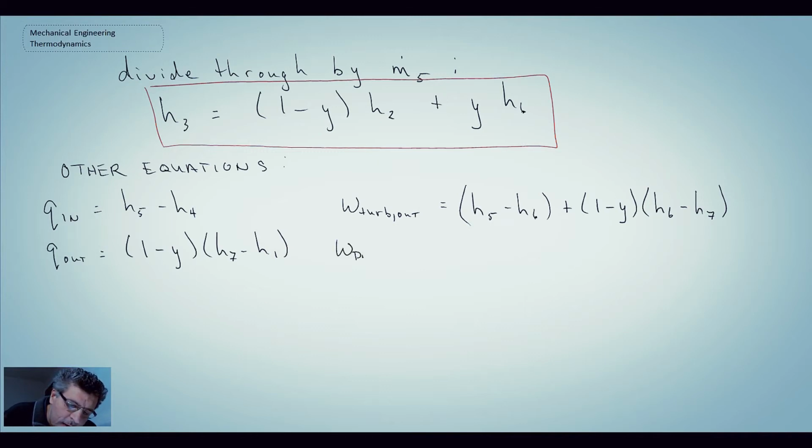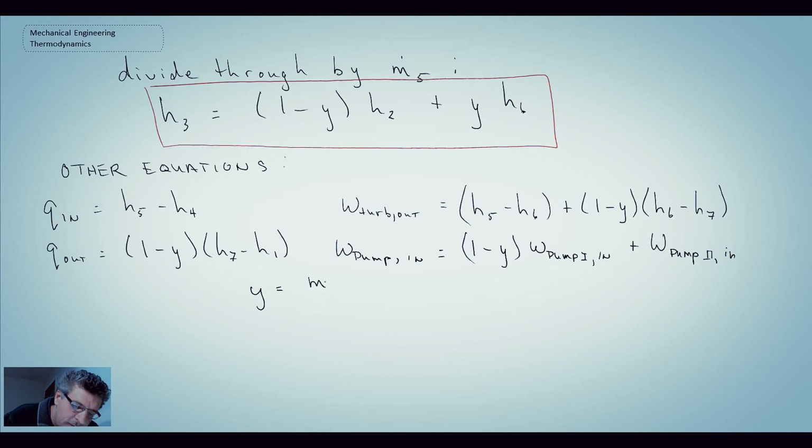Now the work into the pumps, remember we have 2 of them, and each of them have different mass flow rates coming through them. So that would be the work into the pump. And we said that y, our mass fraction, was m dot 6 divided by m dot 5.